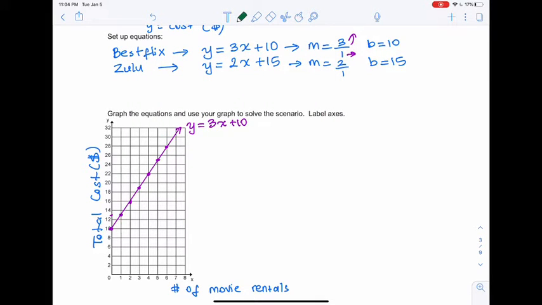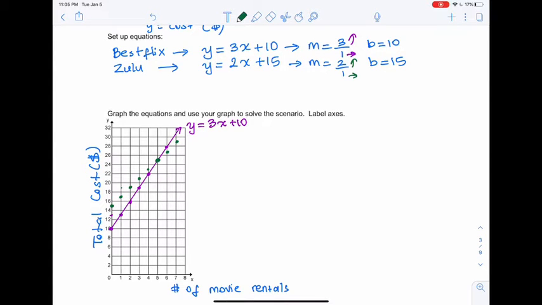For the second equation, my start point is 15, which is right here. And I'm going to go 2 units up and 1 unit right. 2 units up, 1 unit right. So let's go 2 units up, 1, 2, and then 1 unit right. 2 units up and 1 unit right. 2 units up, 1 unit right, and I will continue with the same pattern.